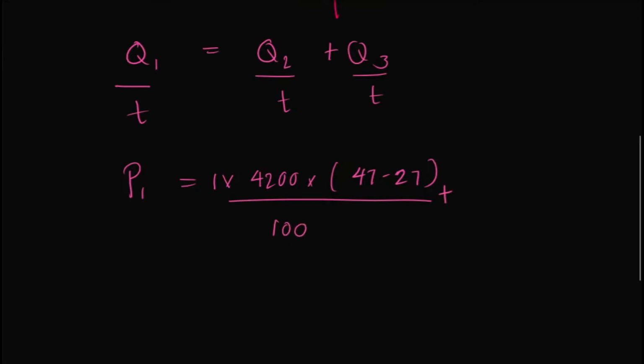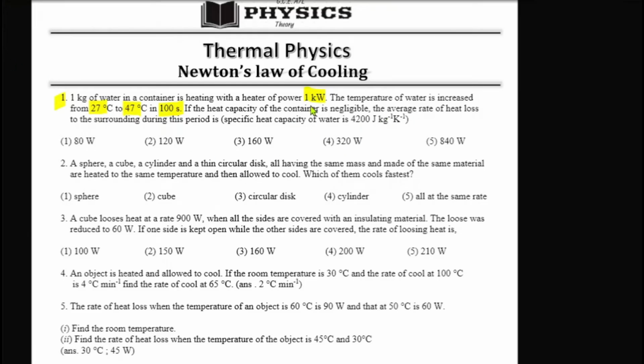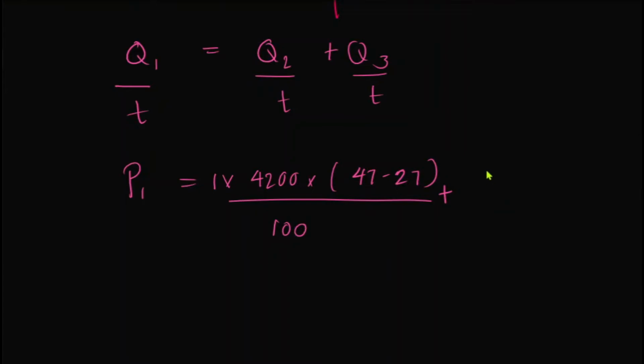All right, so what is Q3 now? Q3 over T is what they are asking, the rate of heat loss to the environment. Q1 over T they have already given as 1 kilowatt, which means 1000 watt.